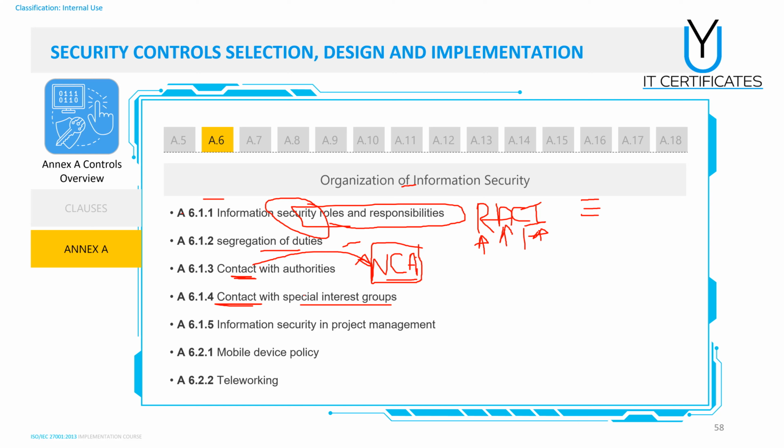In A6 it also covers the mobile device policy, which some people call bring your own device. If the organization allows the use of mobile devices, these may be owned by the organization and distributed to the employees, or the employee can bring his own device, as a mobile, tablet, or notebook.